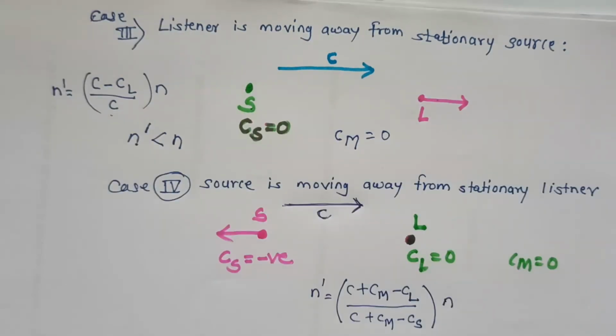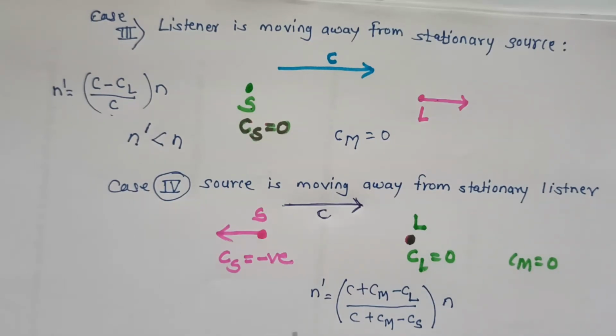Case fourth. Source is moving away from the stationary listener. Here the listener is stationary, so its velocity cl is equal to 0, and the source is moving away from the listener, so its value is negative. The medium is considered stationary, so cm is equal to 0.